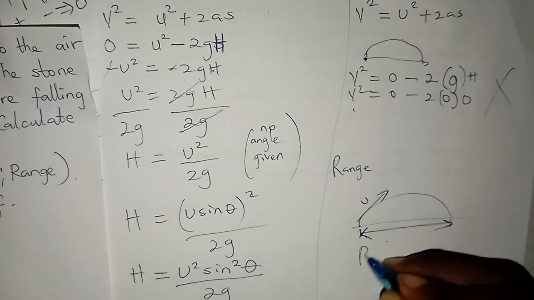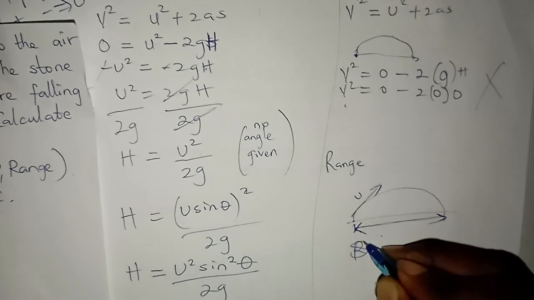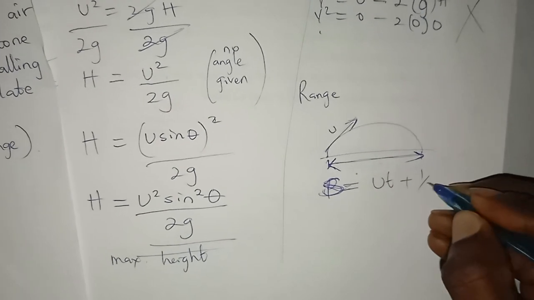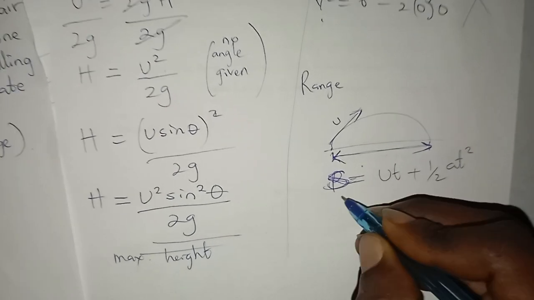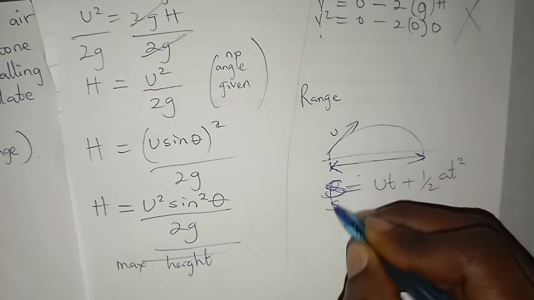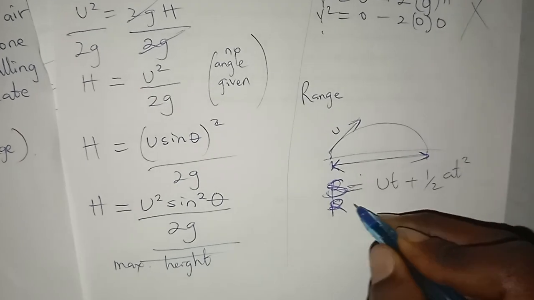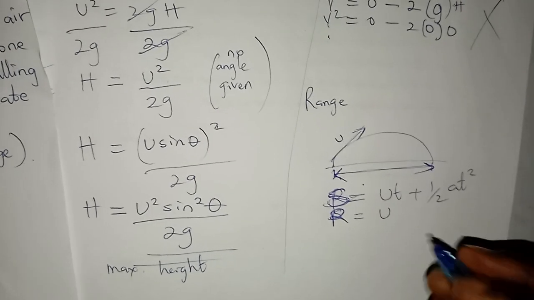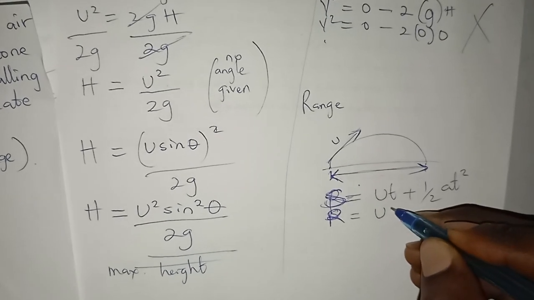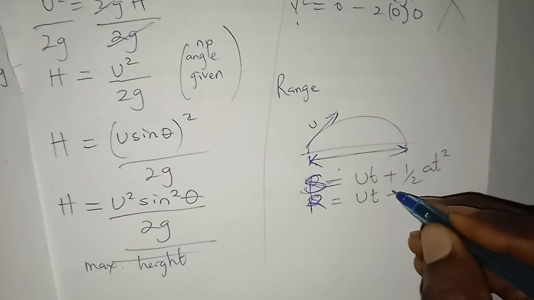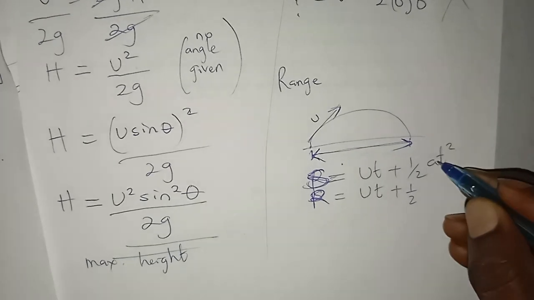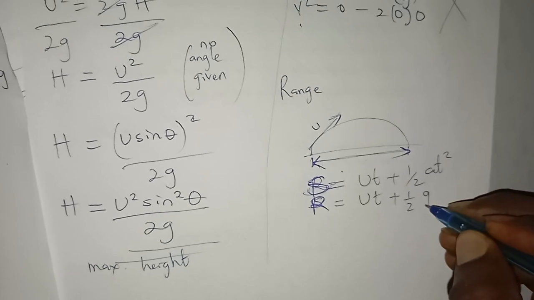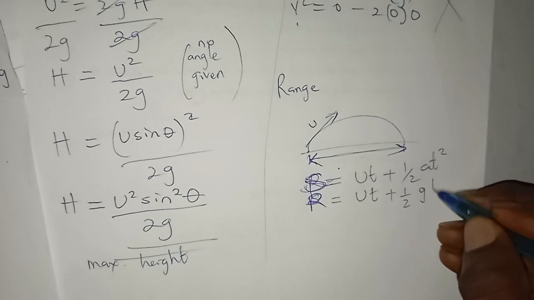So r is equal to, or I can derive it from s equals ut plus half at square. And I know that s here is going to mean range. This displacement is equal to u times t, plus half g t square, even if it happens to be plus g.